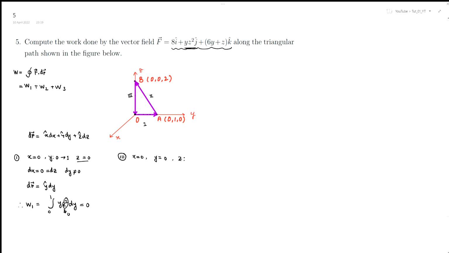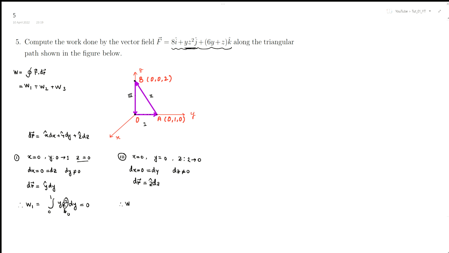But our z is changing, from z equal to 2 to z equal to 0. Because x and y are constant, dx equals dy equals 0. Now dz is not 0. Combining these three, dr will be equal to z cap dz.